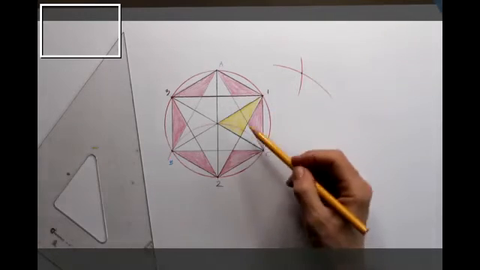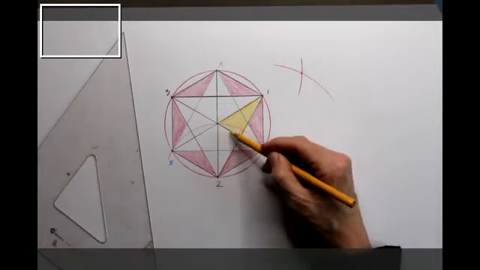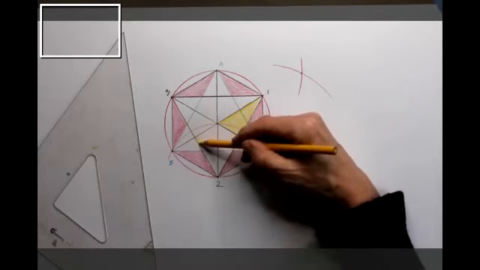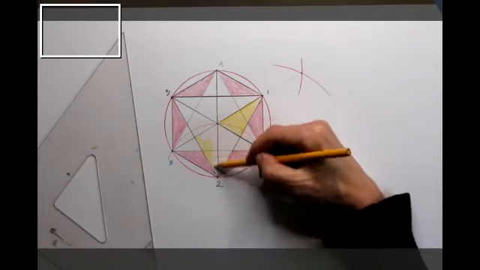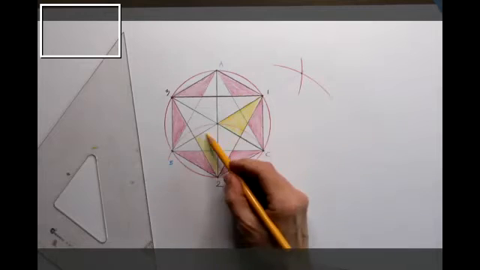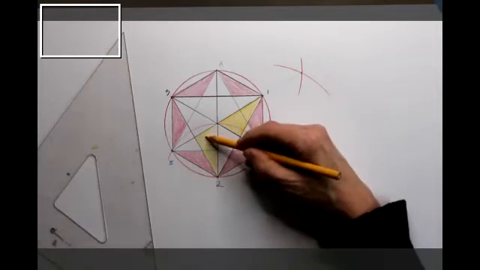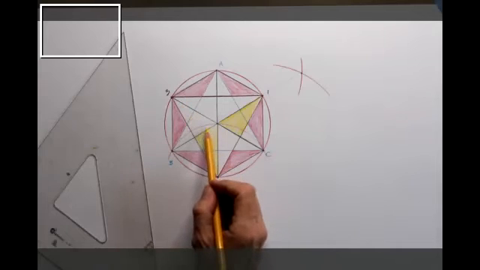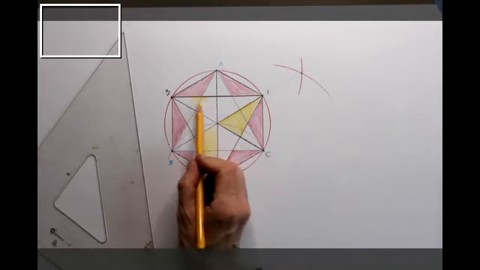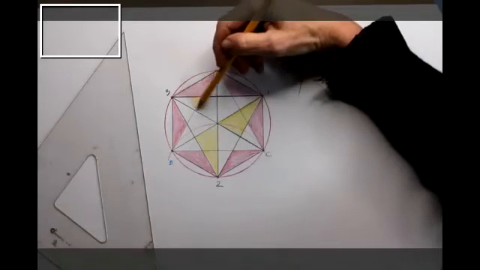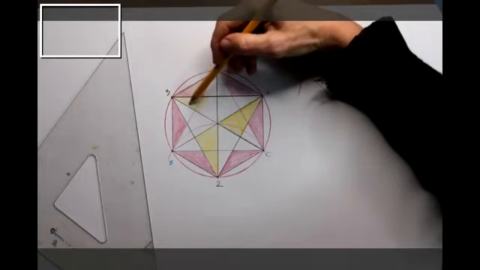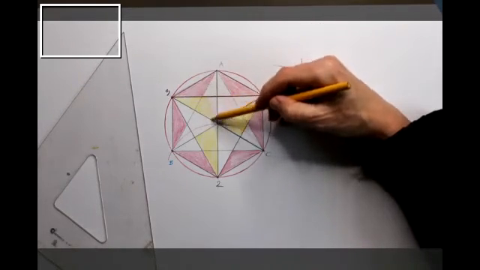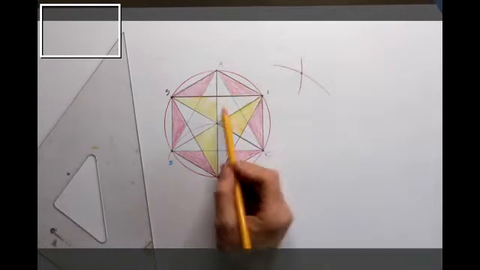To create a pattern, I would want to skip the next two and fill in this area. Skip this and fill in this. You may want to do this in graphite to experiment first, because it can get confusing if you don't have practice.